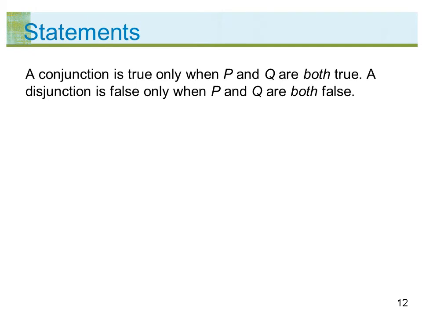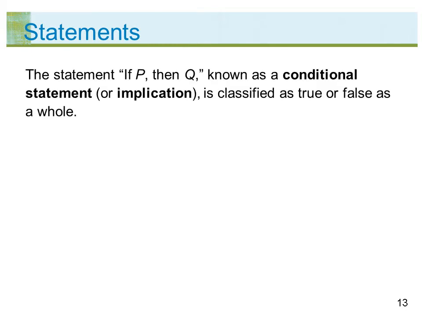A conjunction is true only when P and Q are both true. A disjunction is false only when P and Q are both false. The statement, if P, then Q, known as a conditional statement or implication, is classified as true or false as a whole.